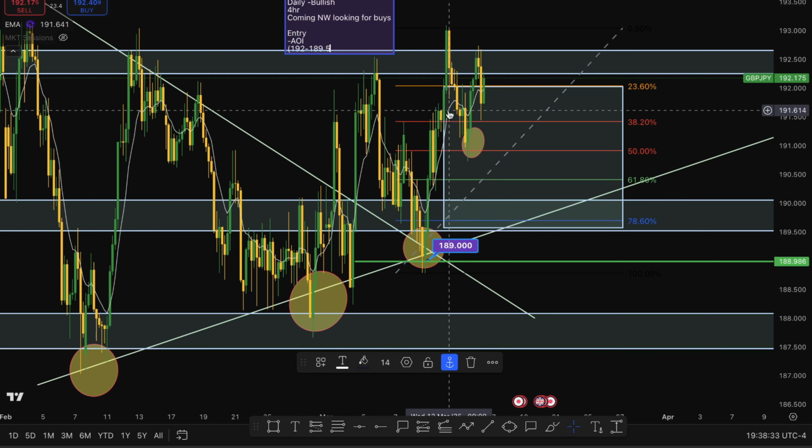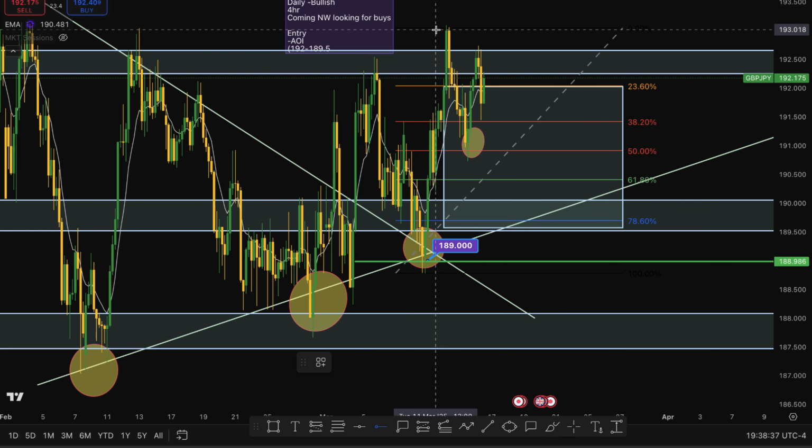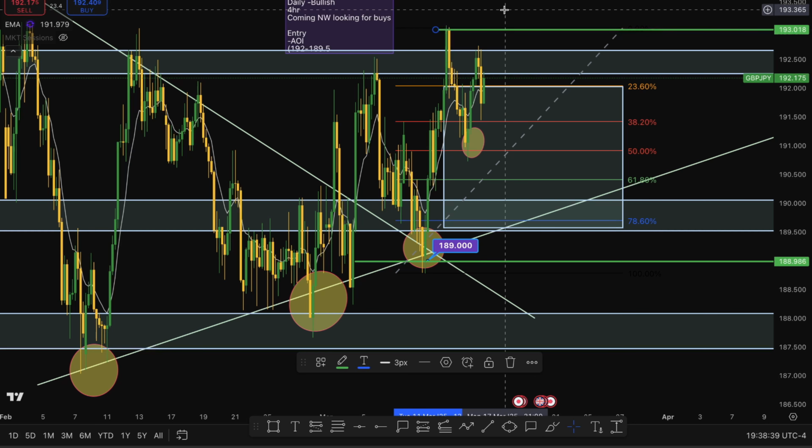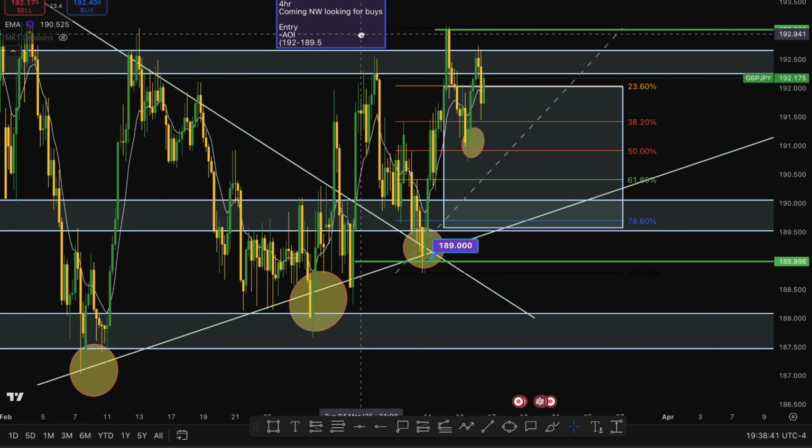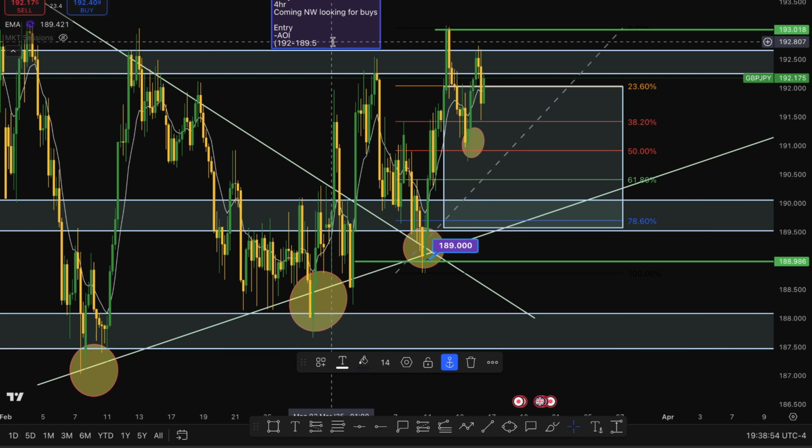If it does break above this previous high without going into the area of interest, I might not take the trade either. Okay, so stick to your plan as much as you can. By the way, before you watch my videos, always analyze the chart before, so you know what you are looking for. Okay, so I'm looking for those areas of interest.